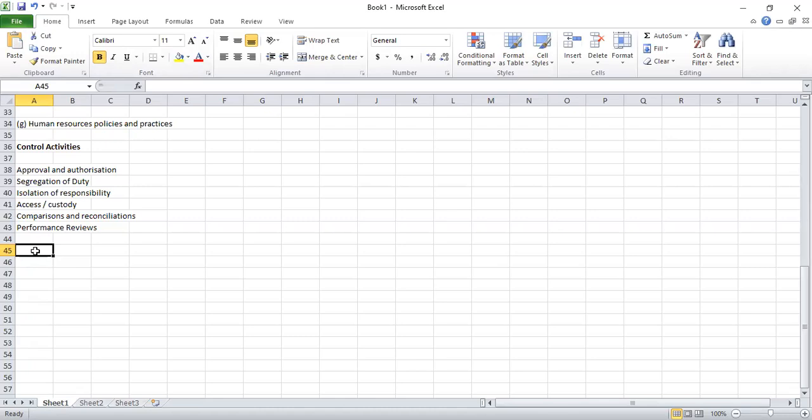Remember that I've left out about 3 items. Oh, okay. Remember I said that I'm only focusing on 2 in terms of our controls.